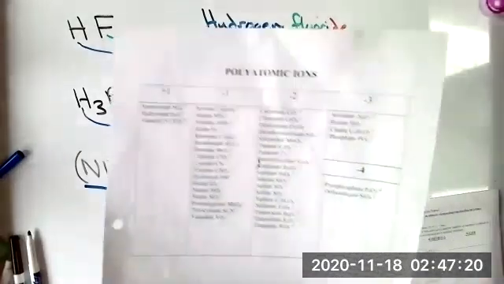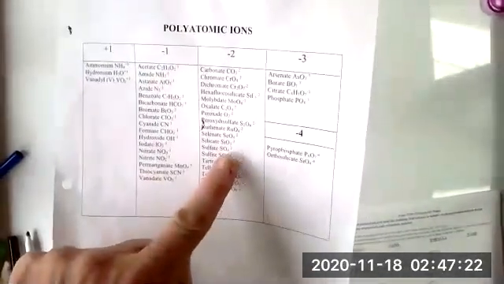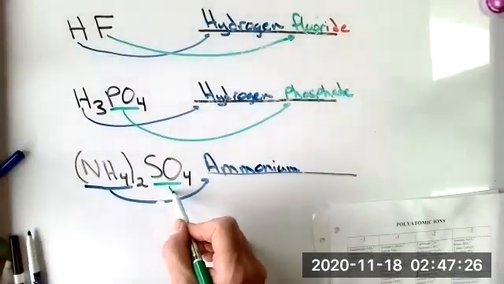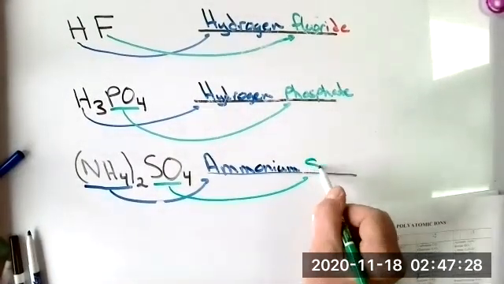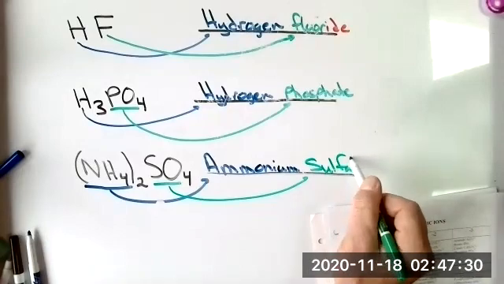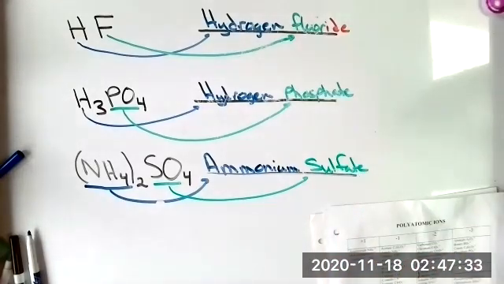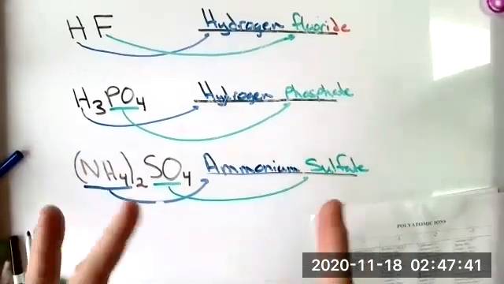SO4, well, I know he's on here, and he's sitting right here, and I'm going to simply copy that name. And I am done. That's the only two spots you got to watch out for.